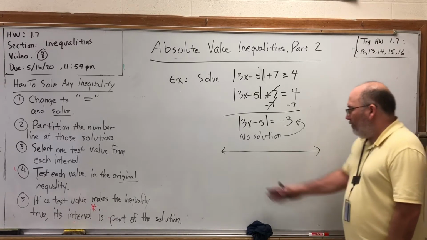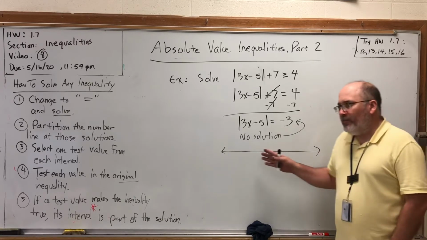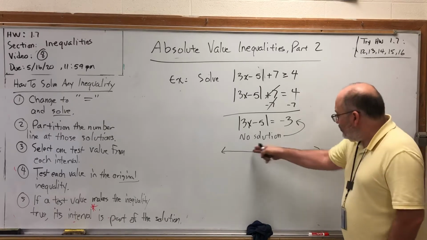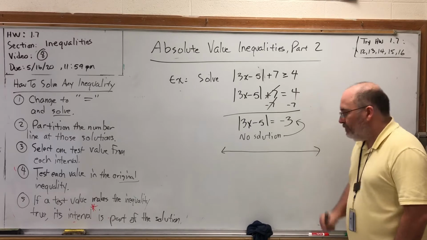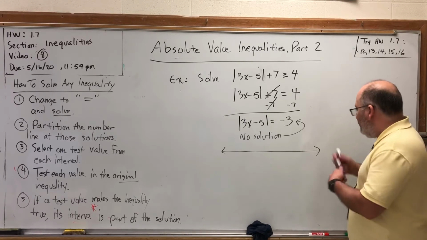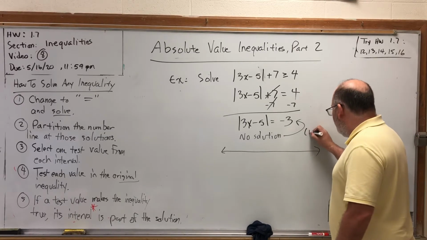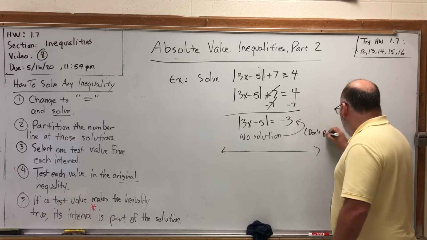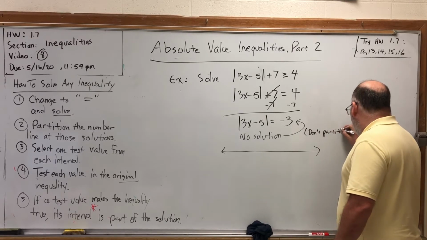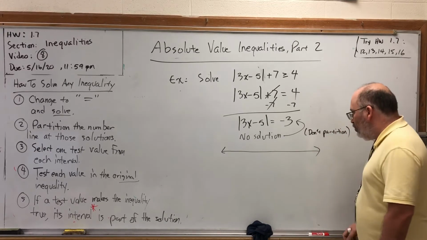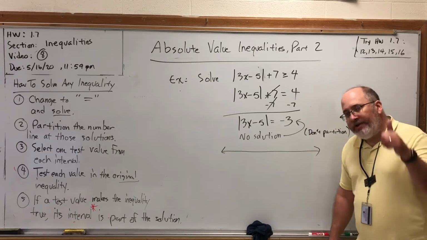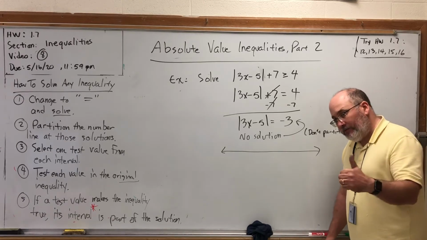Well, we start with one giant interval, the entire number line. And if we had solutions, we would cut it into more intervals. But if there are no solutions, that means you don't partition. Which means you take the number line as one single interval.